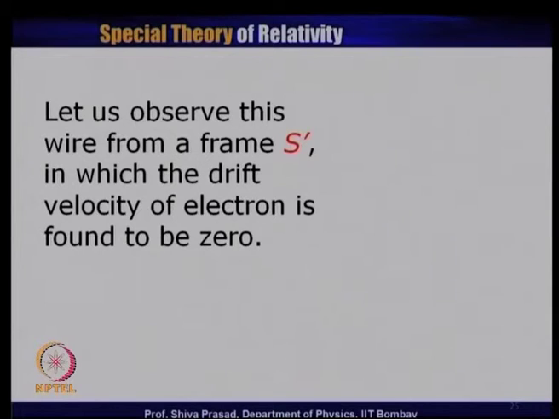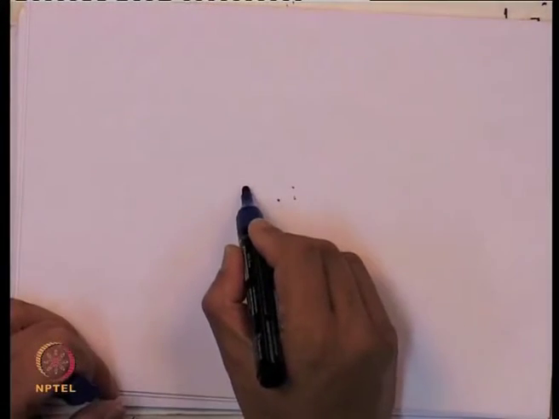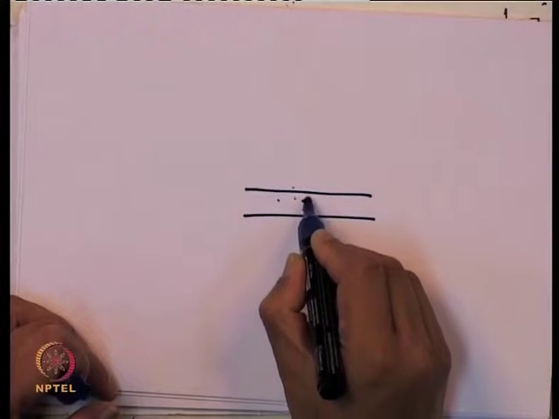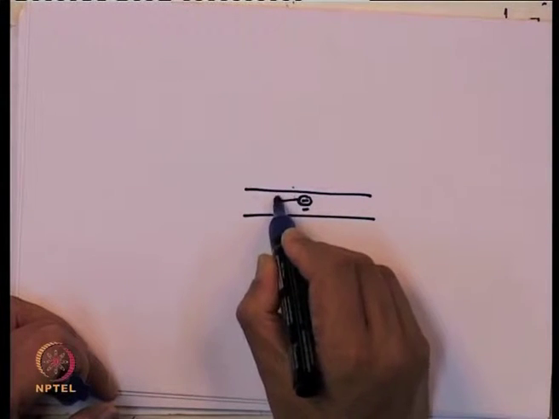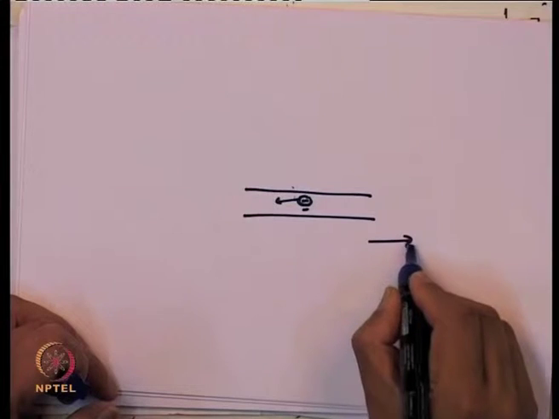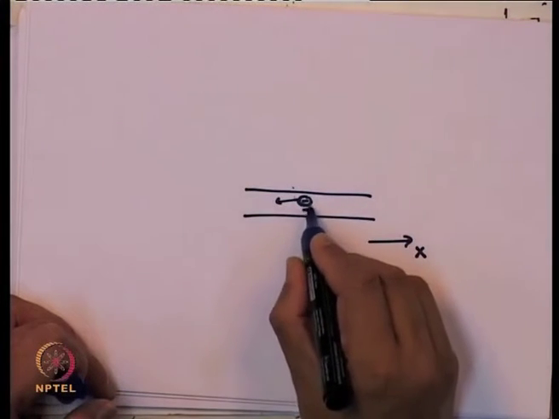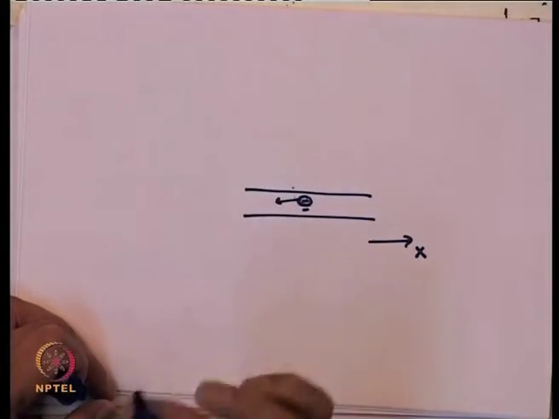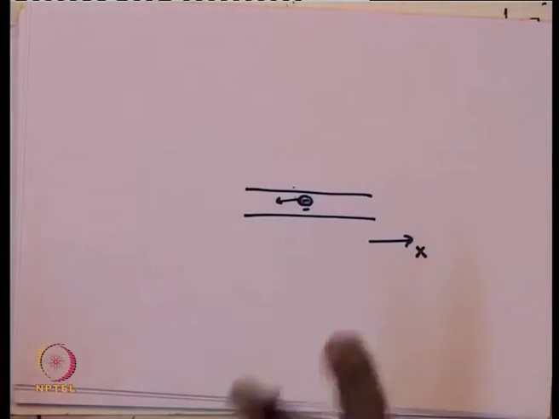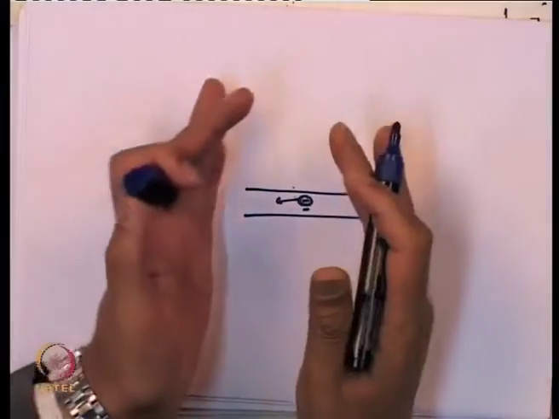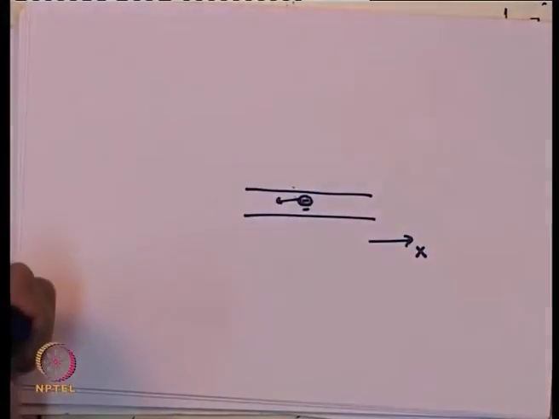What it means is that if you have a wire in which these electrons are moving in this direction, this is plus x direction, let us not bother about individual electrons. Let us just consider a drift velocity and assume that overall electrons are drifting in this particular way.